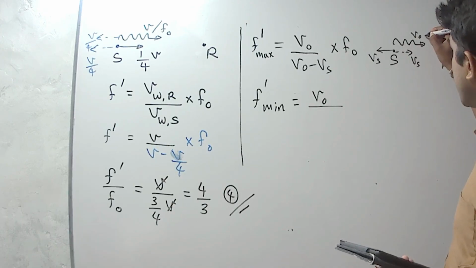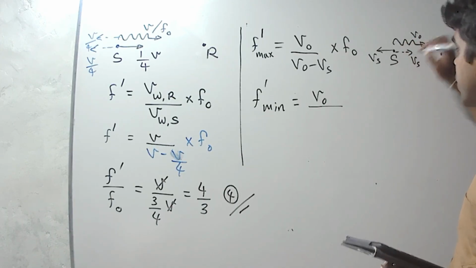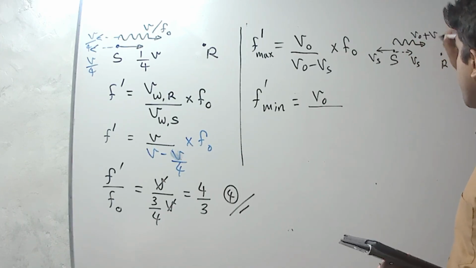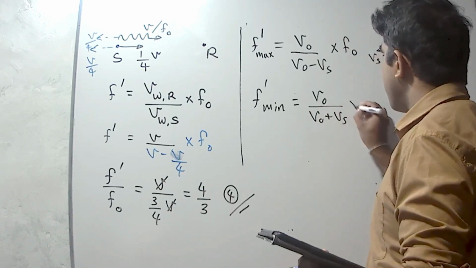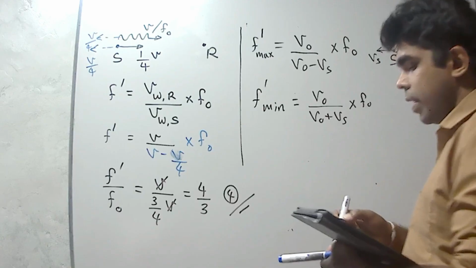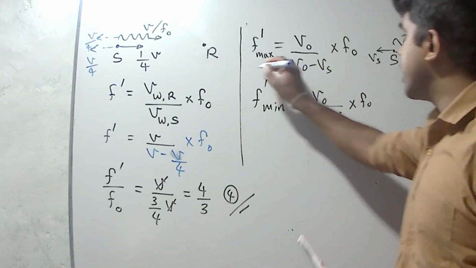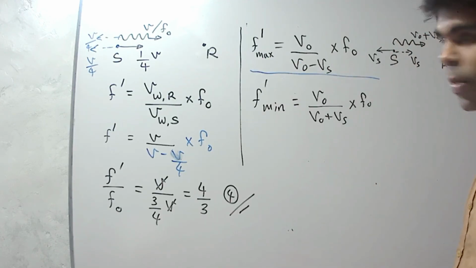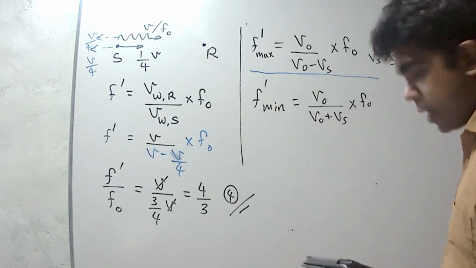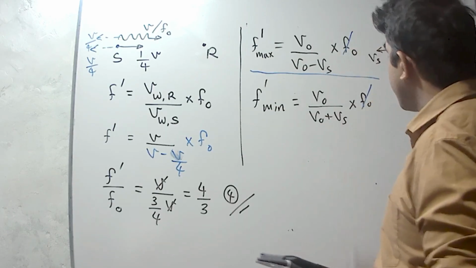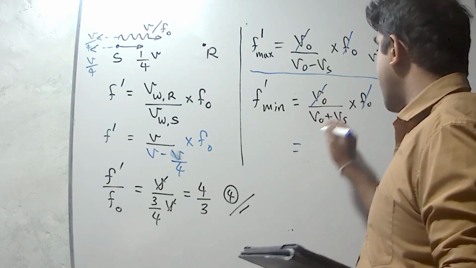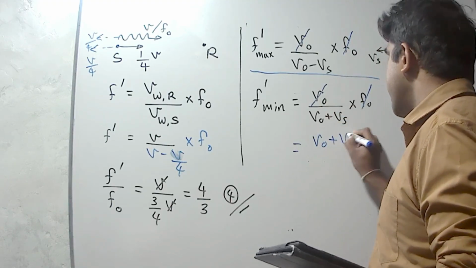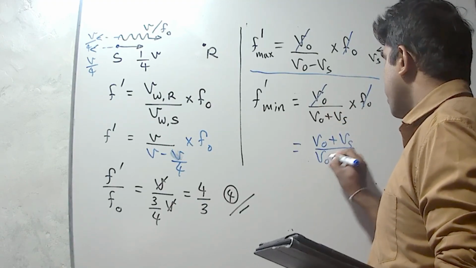Then we have to give the same velocity Vs to the V0 velocity: V0 plus Vs, multiplied by the actual frequency. Now we have to find the ratio between these two frequencies. Then we can cancel out F0, and we get V0 plus Vs divided by V0 minus Vs.